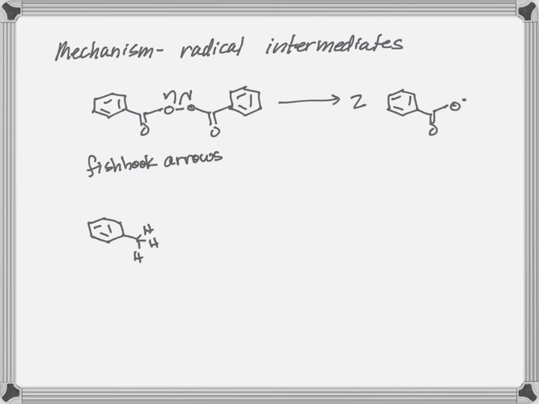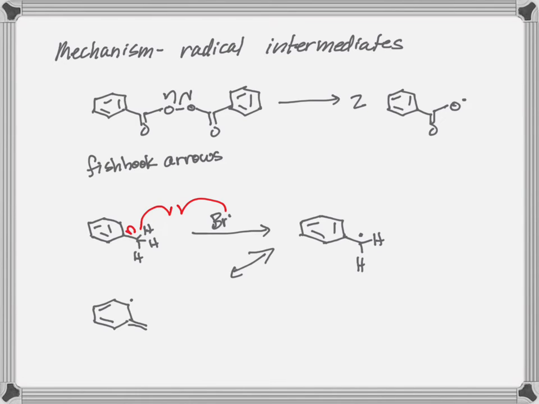These radicals react with NBS to give bromine radicals, and then the bromine radicals abstract a hydrogen atom from the benzylic position to give this benzylic radical, which is stabilized by resonance, a lot like the resonance structures that we saw with electrophilic aromatic substitution as well as nucleophilic aromatic substitution.